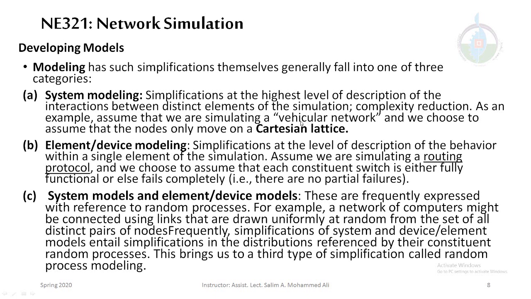It means that, if you are going to simulate a vehicular network, vehicles have irregular shapes in their routes. So to simplify the simulation, you will think that all vehicles' routes are in a Cartesian lattice. It means straight lines.